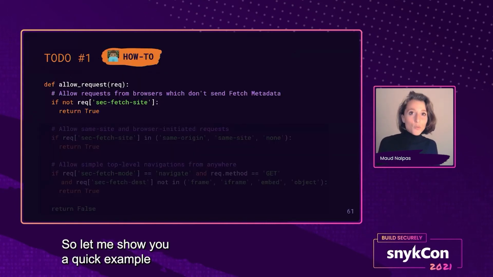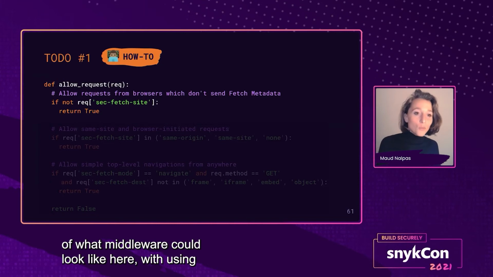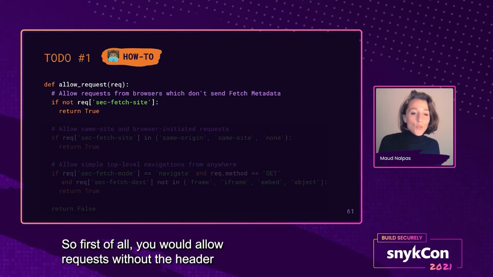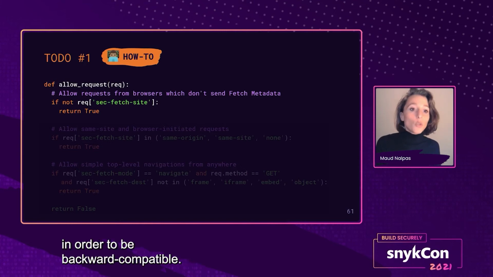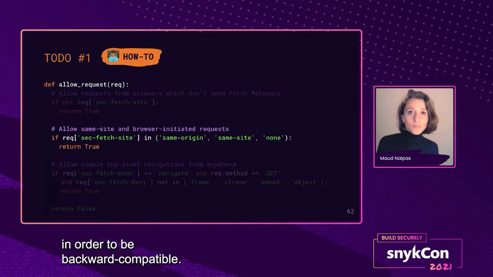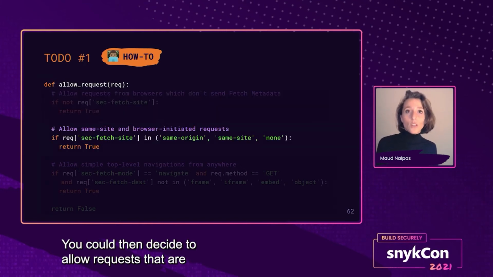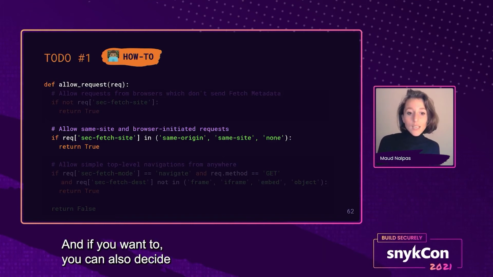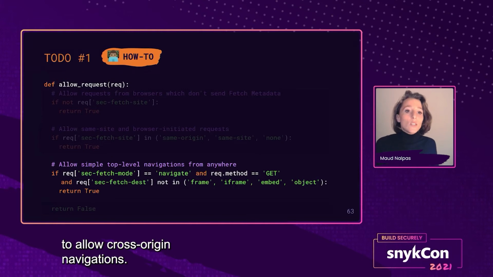So let me show you a quick example of what middleware could look like using these headers. First of all, you would allow requests without the header in order to be backward compatible. You could then decide to allow requests that are sent by your own application. And if you want to, you can also decide to allow cross-origin navigations.